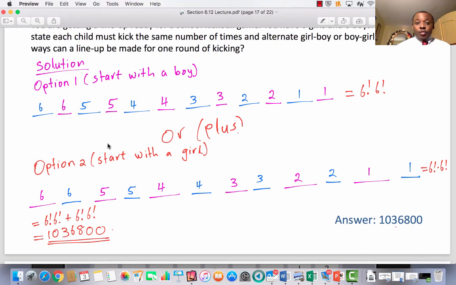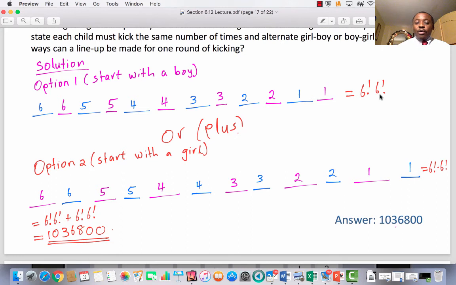If I started with a boy, then 6, 5, 4, 3, 2, 1 is 6 factorial. The girls will be 6, 5, 4, 3, 2, 1, 6 factorial. So it's 6 factorial times 6 factorial. If I started with a girl, it will be 6 factorial times 6 factorial.